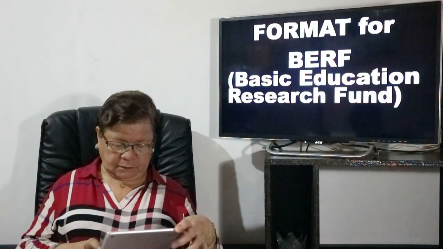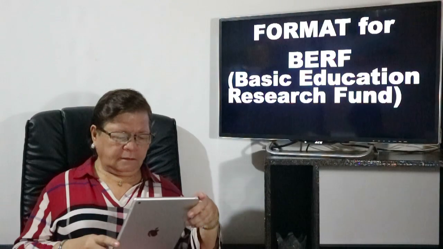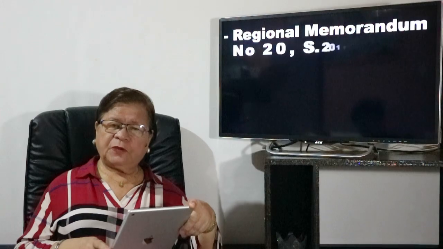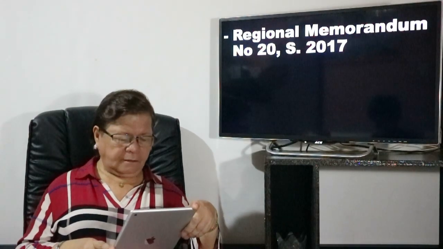So what are the parts of BERF? First, again, you write the title of your research. Then, after writing the title, you write your name as the proponent or the author.